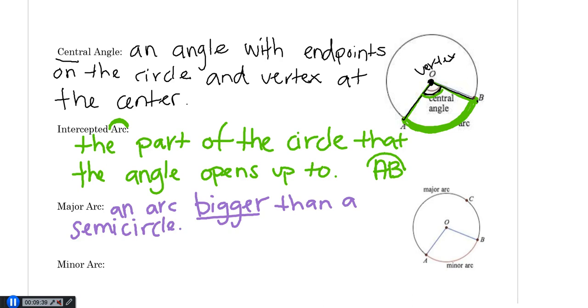And you need to use 3 points in order to label our major arc. So I'm going to start here at A, and one of the major arcs I see here would be from A to C. That's a semicircle, right? That's halfway. But I need it to be bigger than that.